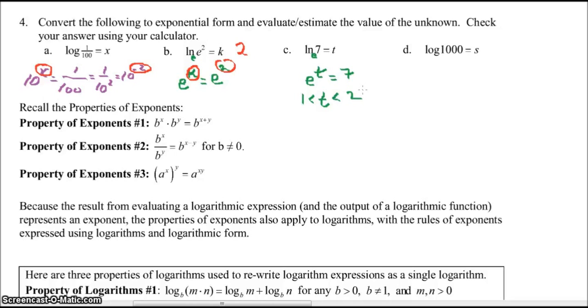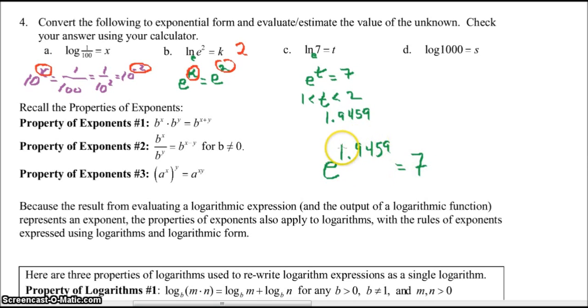Now if you type on your calculator just natural log of 7, we get 1.94591. So this is the power that if we raise e to 1.9459, we'll get 7.